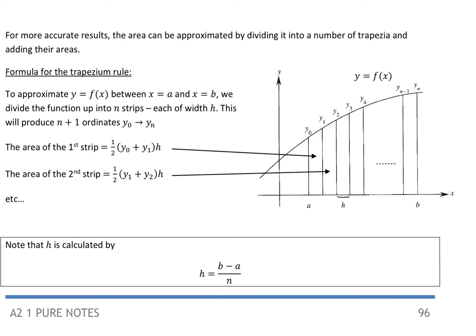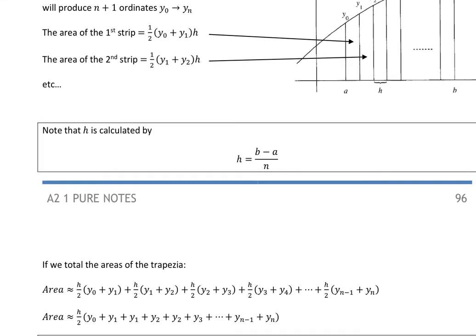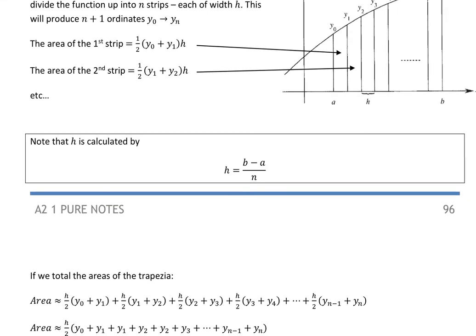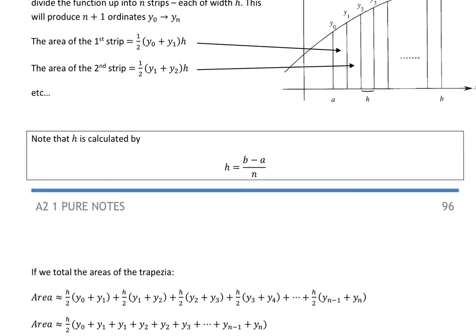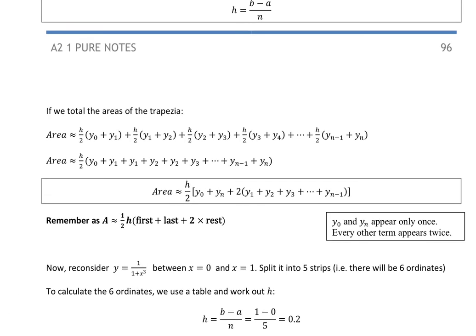The area of your second strip is a half times y1 plus y2 times h, and so on. And h, by the way, can be calculated by b minus a, the distance between a and b, divided by n, where n is your number of strips, and that's very, very important.